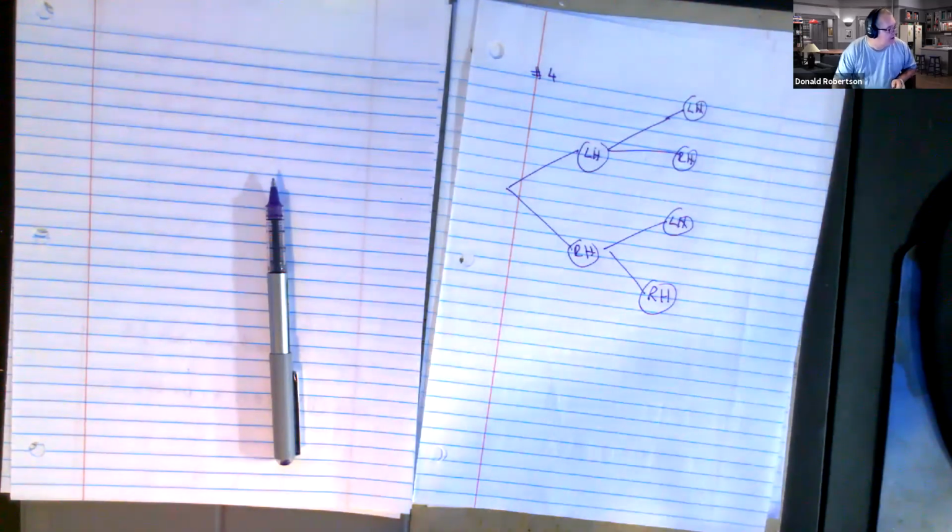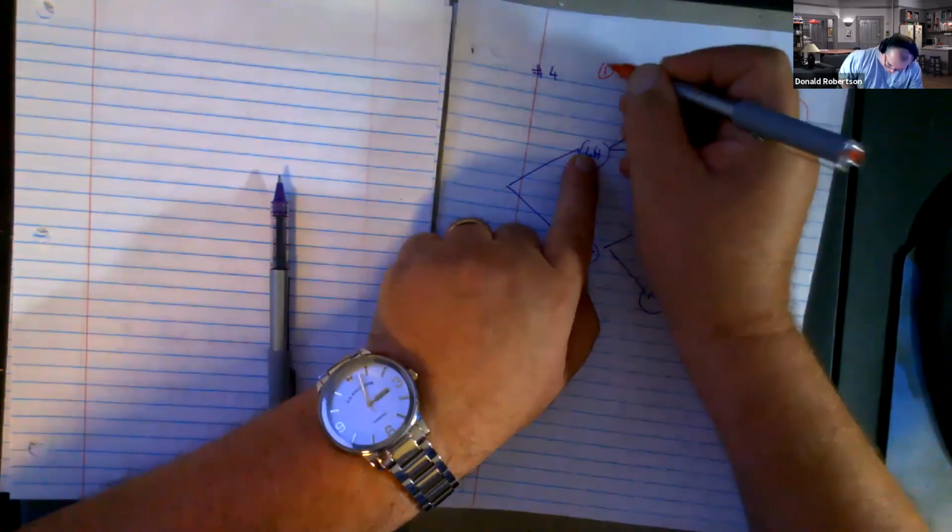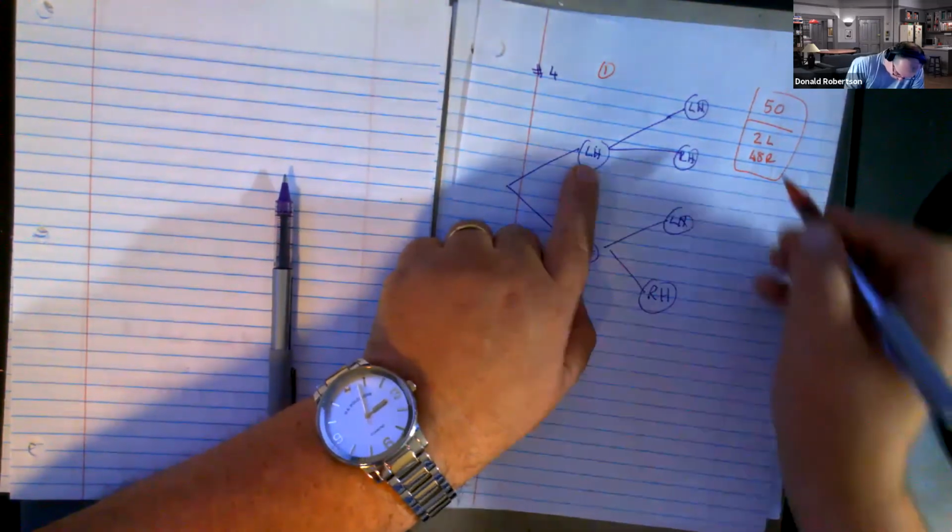And what do we have here? We have 50 people. And out of this particular group, 2 are left-handed, so that must mean the other 48 are right-handed. So that's really all I've got to work with. So first person, the chance that they are left-handed is 2 out of 50.